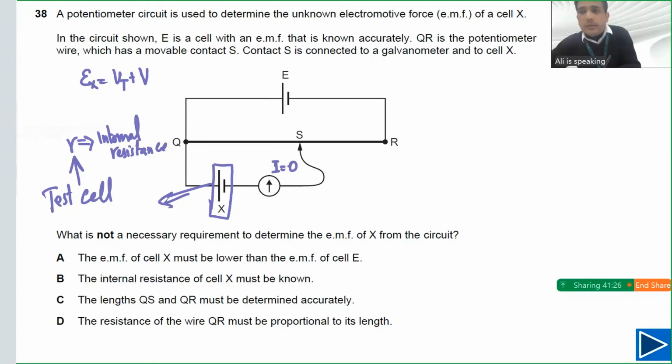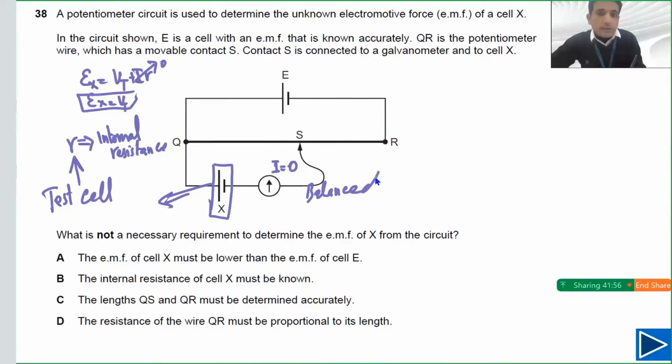V lost means I times R. If no current, EX is equal to VT, because V lost will be equal to 0. So we no need to worry about the internal resistance of the test cell. If we use the potentiometer method, the null method, we don't need internal resistance. So the answer for this question should be B.